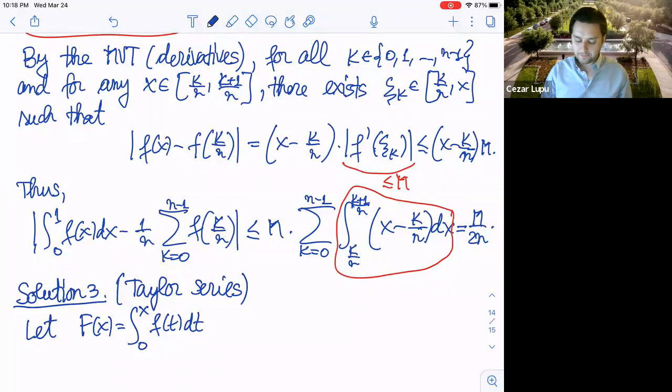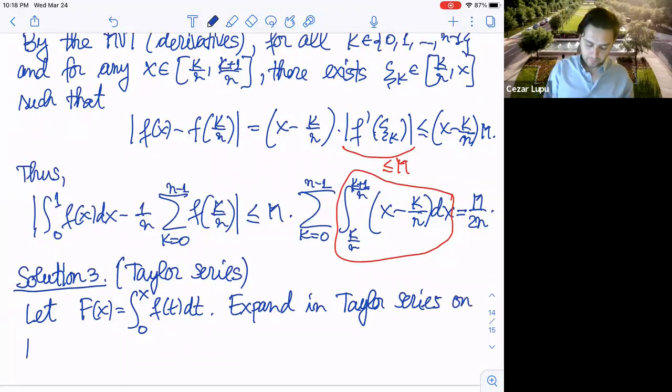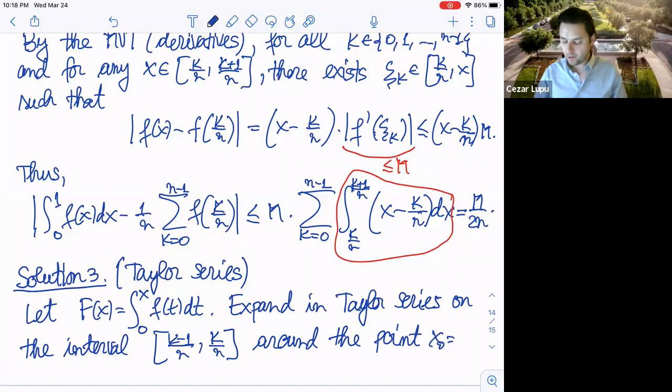We would like to expand this by Taylor's theorem, around the point k over n, on the interval k minus 1 over n, k over n, around the point, let's say x0, this will be k over n.